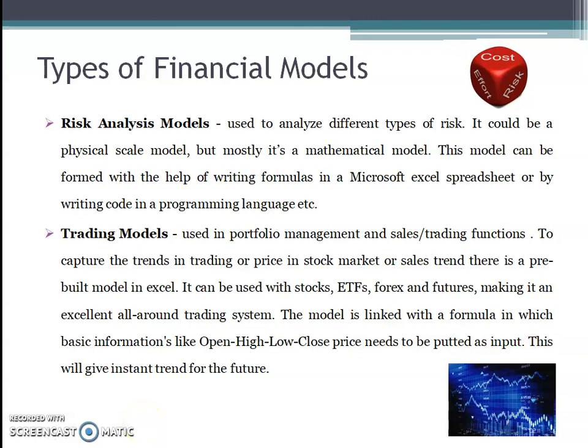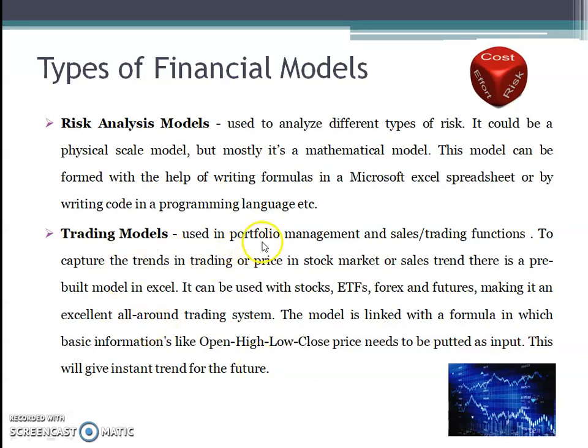The second type of financial model is the trading model. As you can see over here, I have put a picture. There are lots of ups and downs in this picture, up and down, up and down. Basically, in trading also, there are many times upward movement and downward movement in the market.